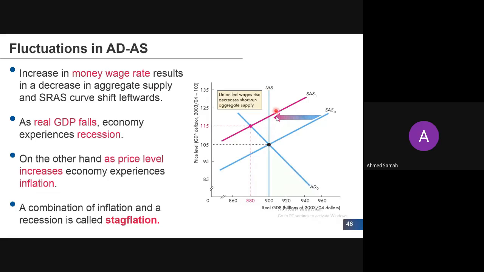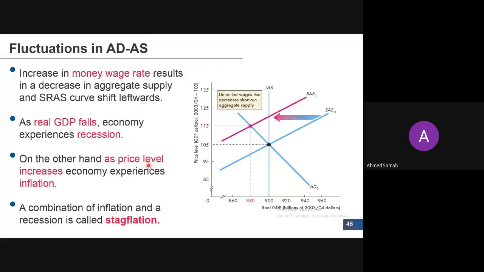On the other hand, the price level is also increasing in this case, as you can see. So there is inflation there. When these two things occur at the same time, we call it stagflation.